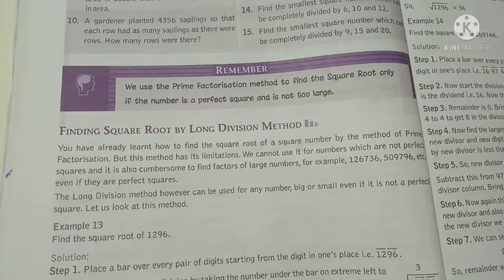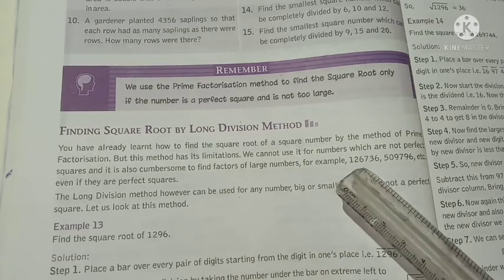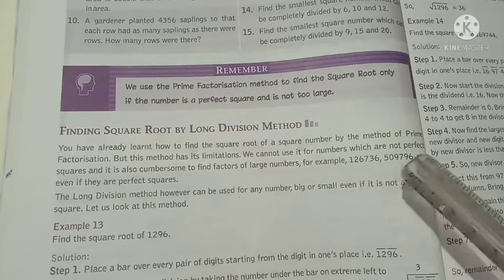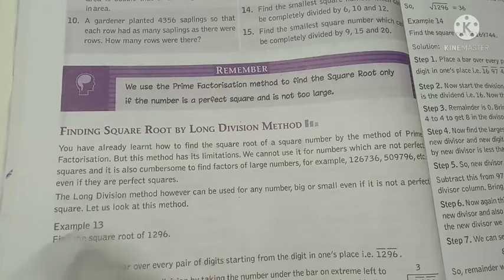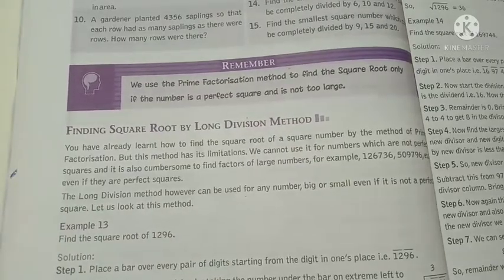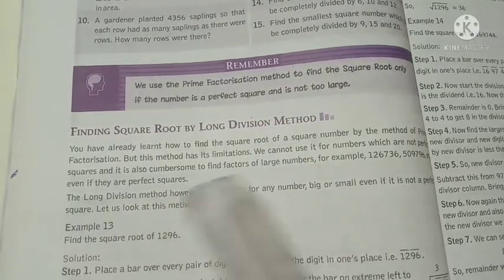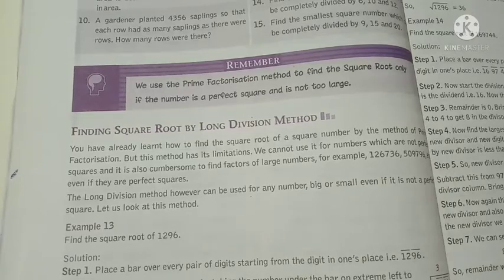We can find it for larger perfect squares, numbers like 126736 etc. Even if they are perfect squares, we can find the root by using the division method.